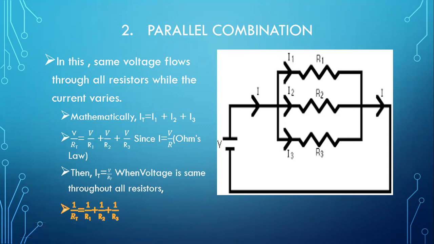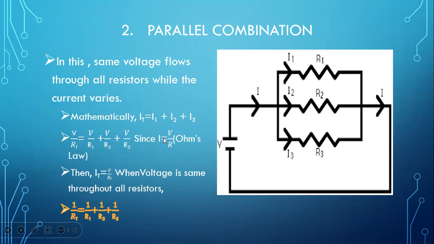But from Ohm's law, we know that I equals V over R. So simply, V over R total is equal to I. So the first equation will be V over R total is equal to V over R1 plus V over R2 plus V over R3.